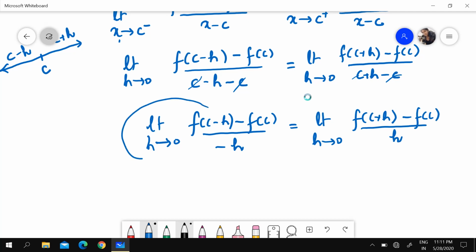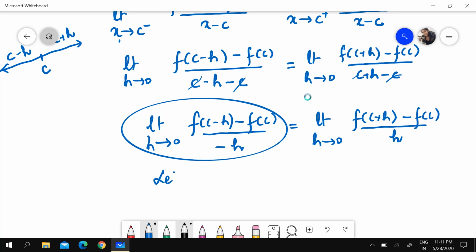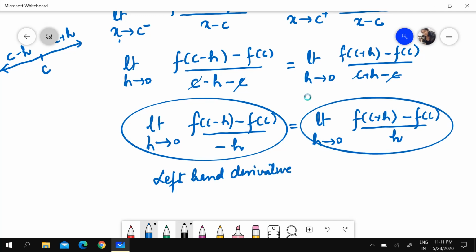The first quantity is called the left hand derivative, and the second quantity is called the right hand derivative.